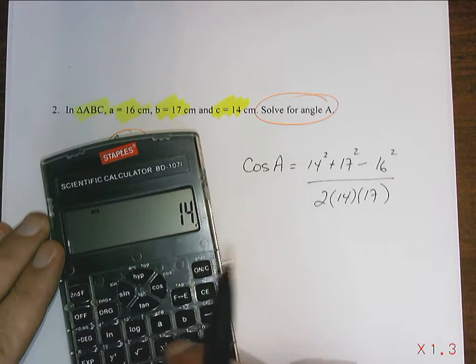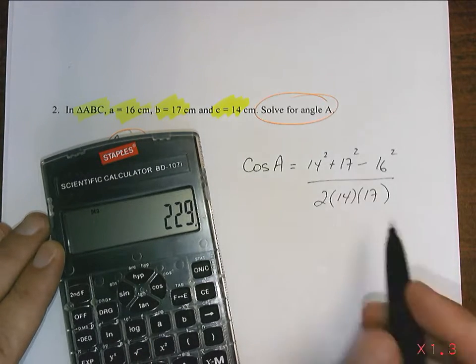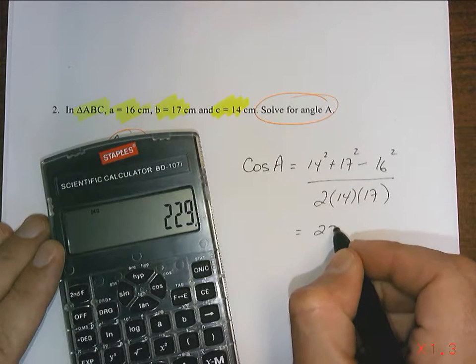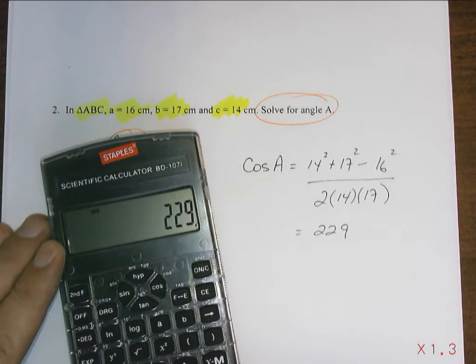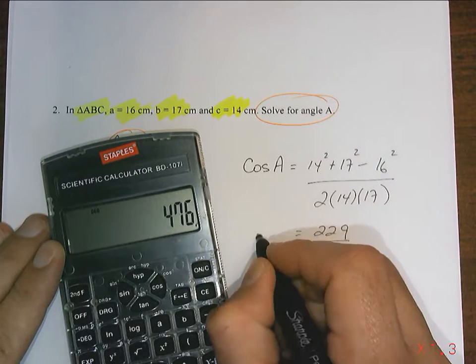I'm going to do 14 squared plus 17 squared, subtract 16 squared, and on top I'm going to get 229. On the bottom, I'm going to get 2 times 14 times 17, which is 476.